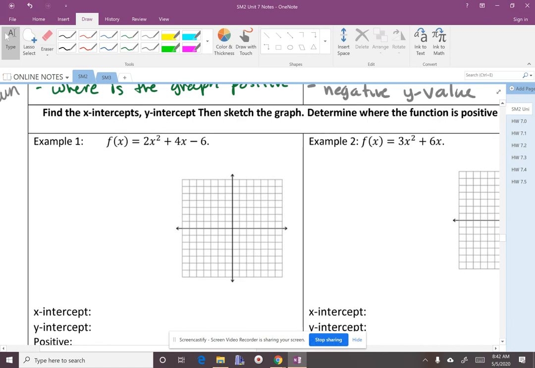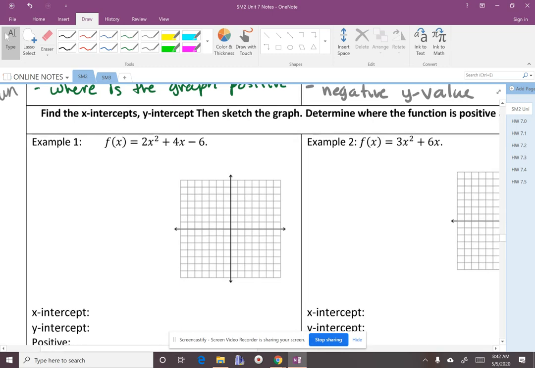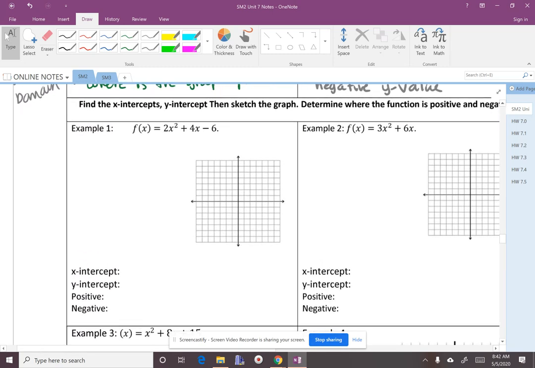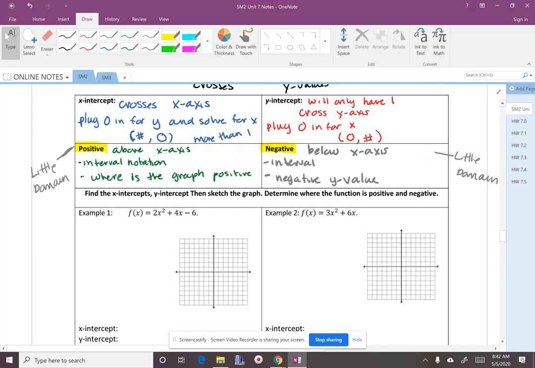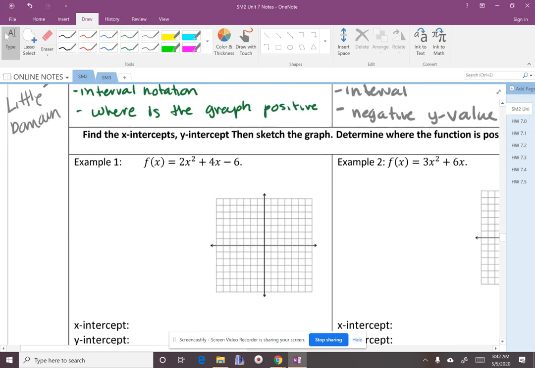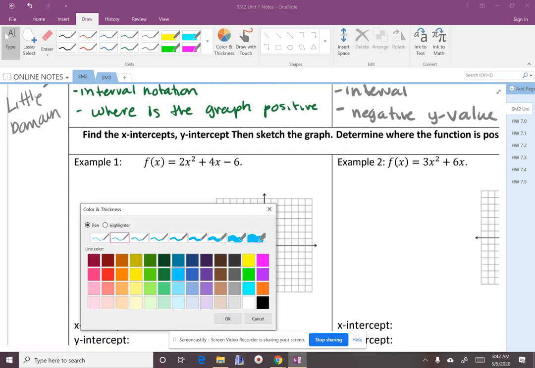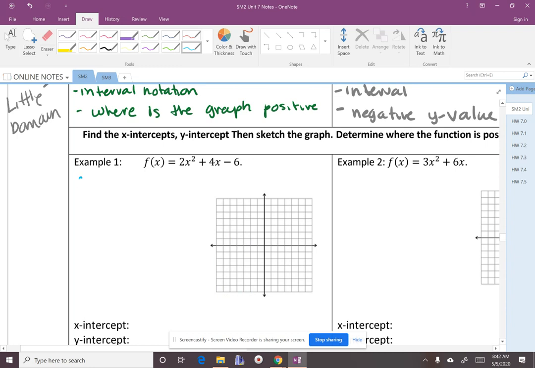So the instructions say find the x-intercept, y-intercept, then sketch the graph. Determine where the function is positive and negative. So I'm going to do exactly what it tells me to do. To find the x-intercepts, I go to my notes and it says plug 0 in for y and solve. So I'm going to change colors so we know what's going on. I'm going to go 0 equals 2x squared plus 4x minus 6. If I need to solve this, I'm remembering from previous lessons that I'm going to have to factor.